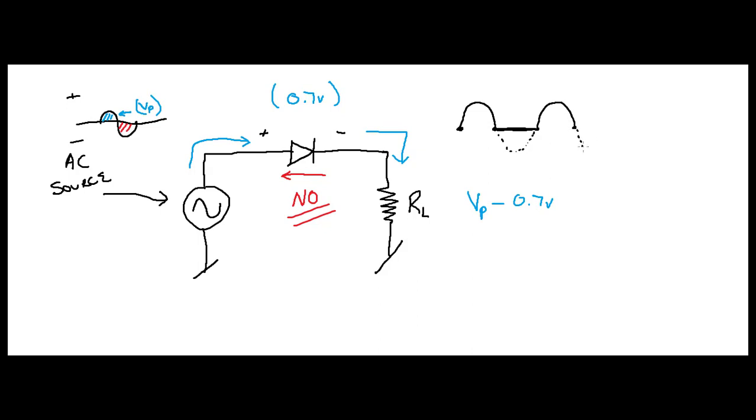Guess what? This is going to repeat. This is what your source is doing. This is what your voltage looks like across your load resistor. So basically, if you take these away, this is the waveform you'll see across your load resistor.